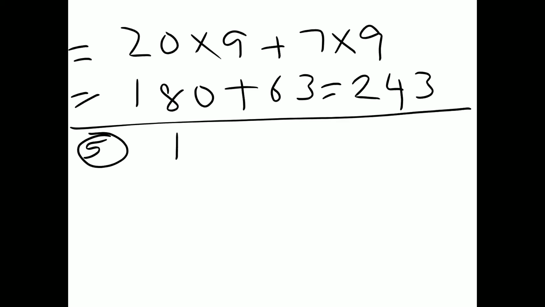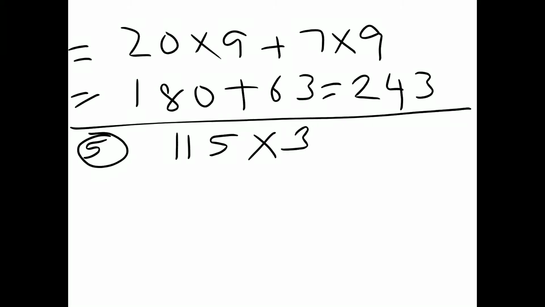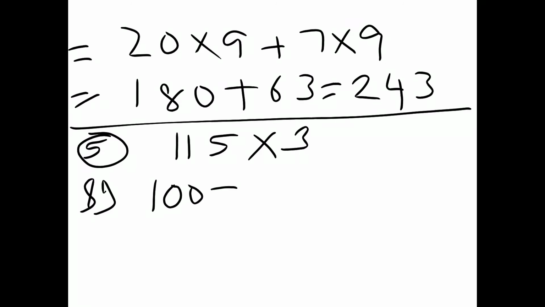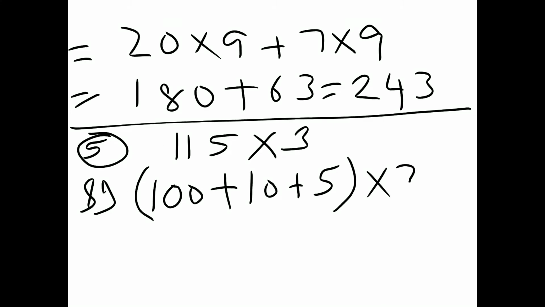Now we do 5. In 5 there is 115 into 3. How do you expand it? Very easy. You have to expand every number. 100 plus 10 plus 5. Put it in a bracket, into 3.